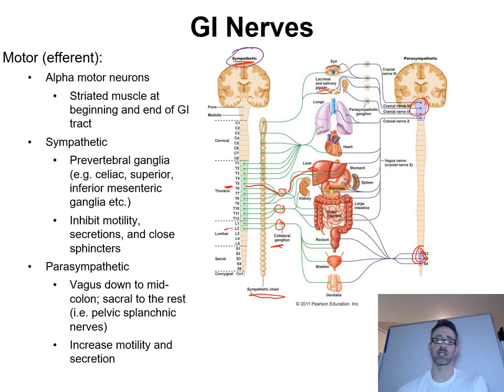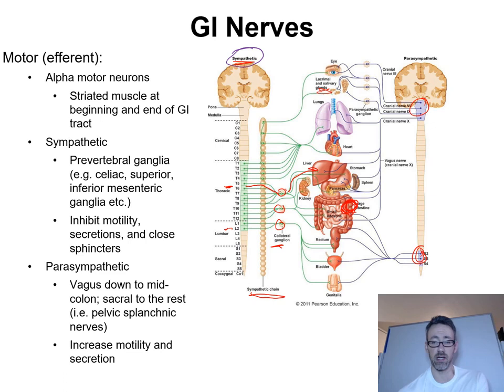But once we get out of the oropharynx region and into the esophagus, the vagus covers basically the esophagus and the rest of the organs, including the stomach, small intestines, and large intestine, really all the way up to the descending portion, right around this region here, and that's where the vagus really stops.